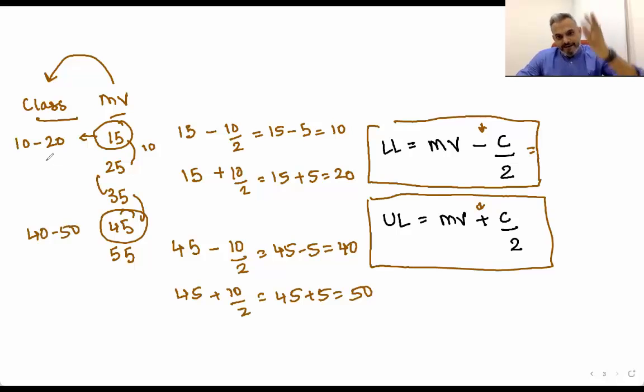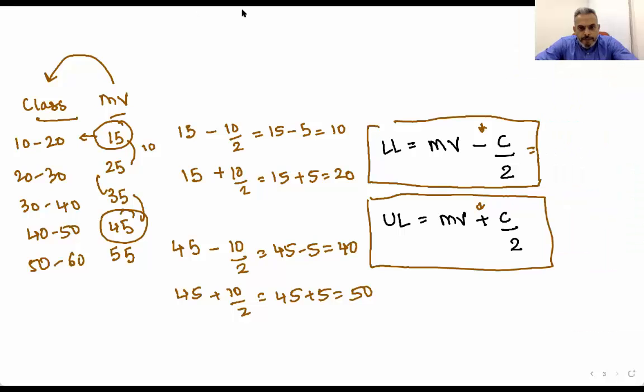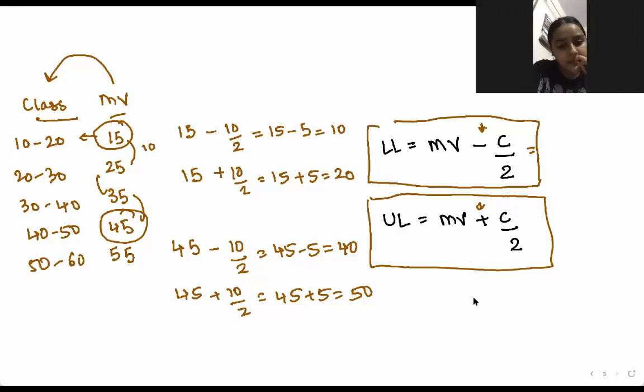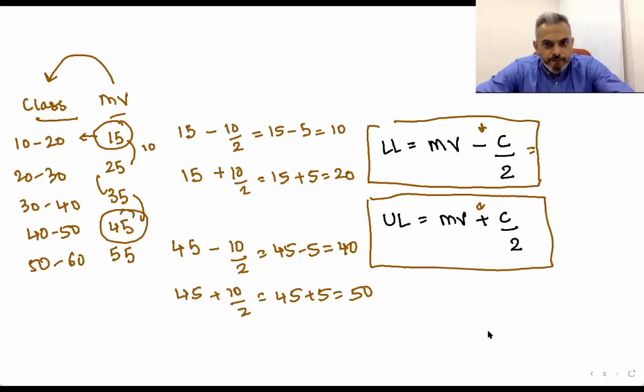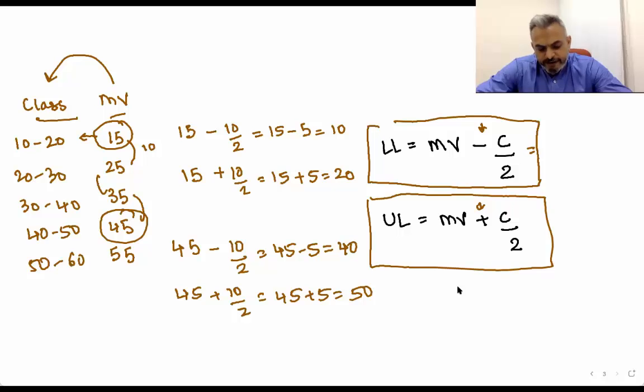Now we know class length is same, so directly 20 to 30, 30 to 40, 40 to 50 and 50 to 60. So this is how from mid value you have to find the classes. समझ में आया सबको? Yes, sir. Now ये फॉर्मूला लिख लेना, लोअर लिमिट अपर लिमिट लिख लिया सबने? Yes, sir. Okay, page number 37, question number 8.